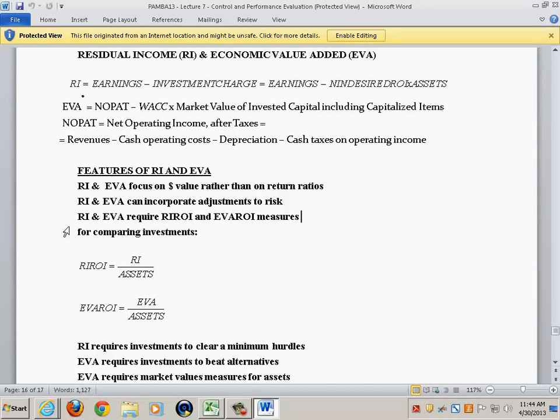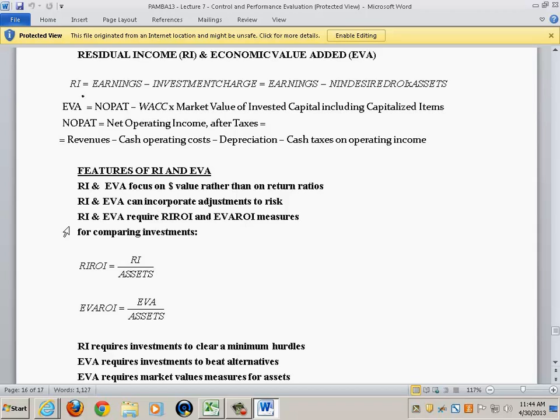The ROI adjusts for scale by dividing the profits by the value of the assets. So larger units have more assets and smaller units have smaller assets, and that's the adjustment.